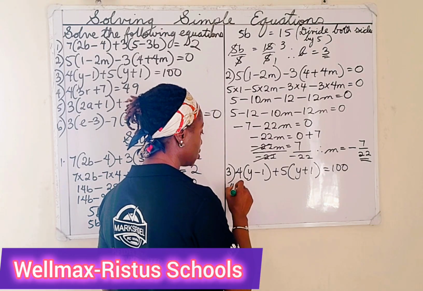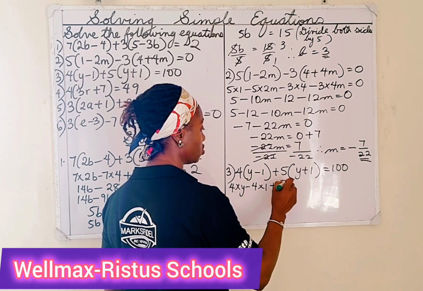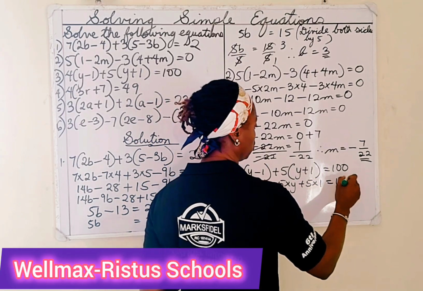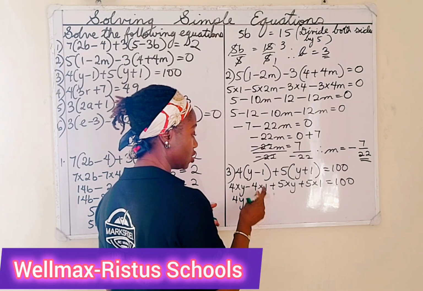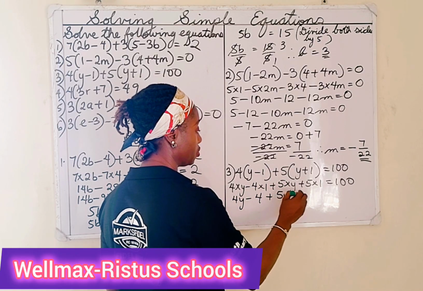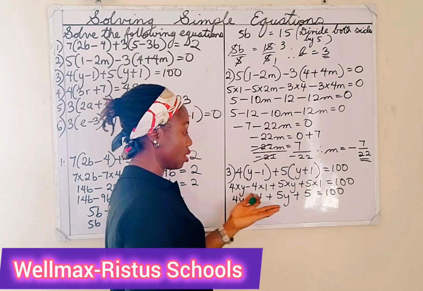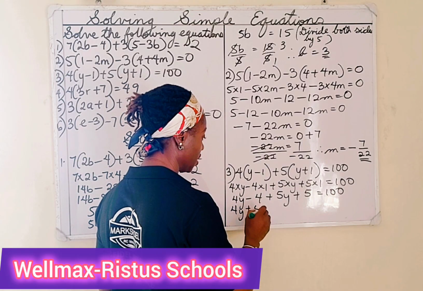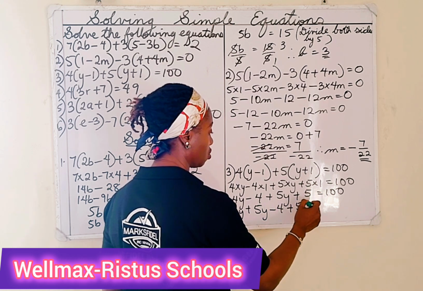So we have 4 times y minus 4 times 1 plus 5 times y plus 5 times 1 equals 100. 4 times y equals 4y, minus 4 times 1 is 4, plus 5 times y is 5y, 5 times 1 is 5, equals 100. So I'm going to collect like terms together. We have 4y plus 5y minus 4 plus 5 equals 100.